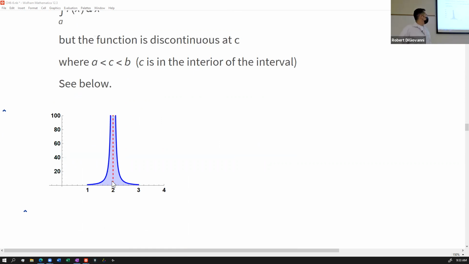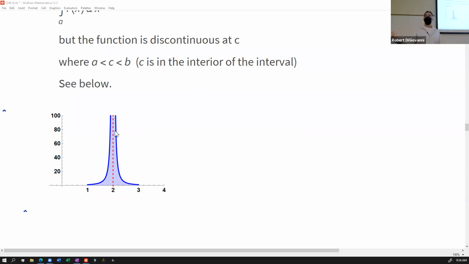Or what if we integrate from 1 to, let's say, 3, and somewhere in between 1 and 3, we have a vertical asymptote? We can have the vertical asymptote occur at the left side, the right side, somewhere in the middle. It could occur both at the left and right at the same time. And there's all these different scenarios. So how do we deal with these?